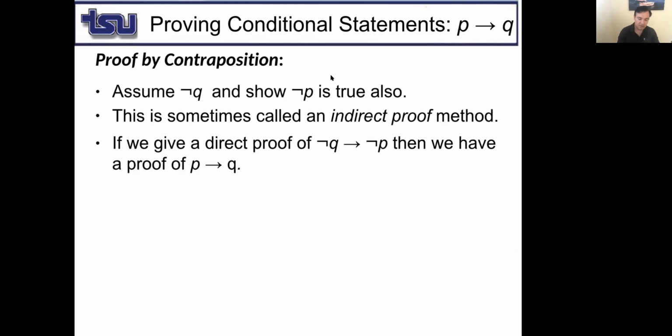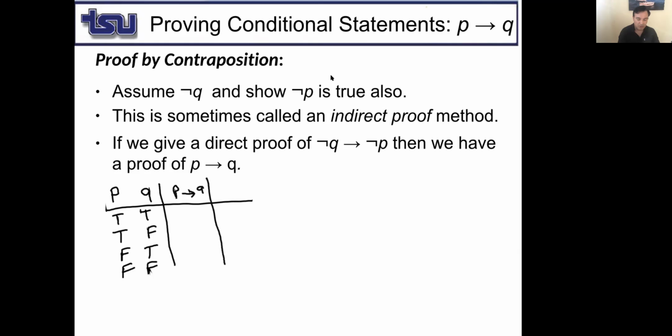Let's remind ourselves. If we have p and q, okay, true, true, false, false, true, false, true, false, p implies q is true, false, true, true, right? And then not q is false, true, false, true.